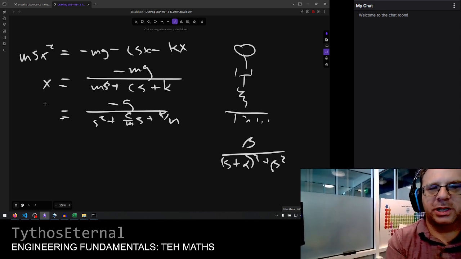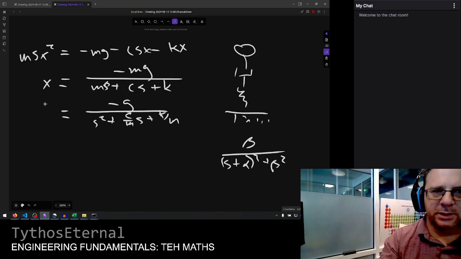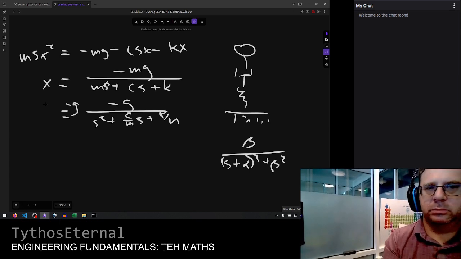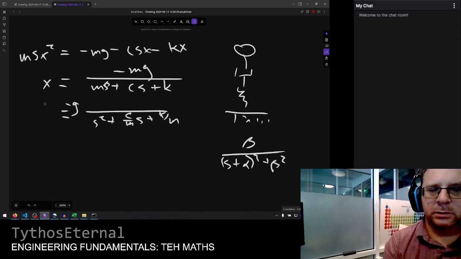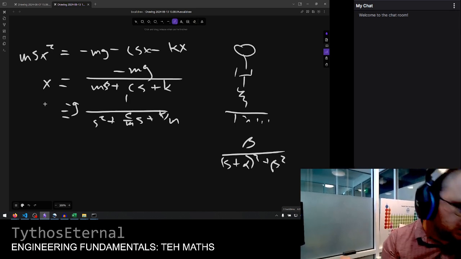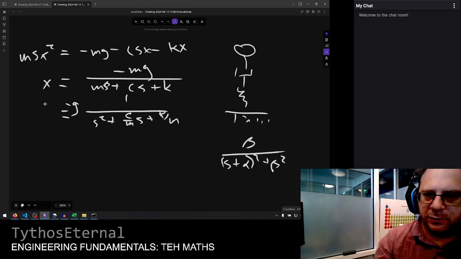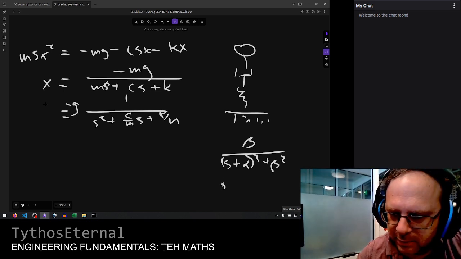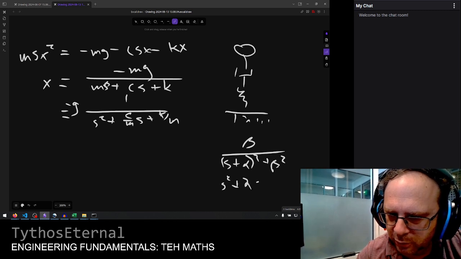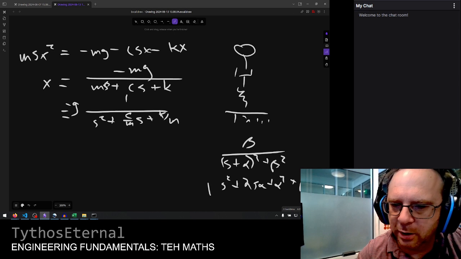We're going to pull minus g out because we're trying to use linearity. We can use this fact: s squared plus 2s alpha plus alpha squared plus beta squared.